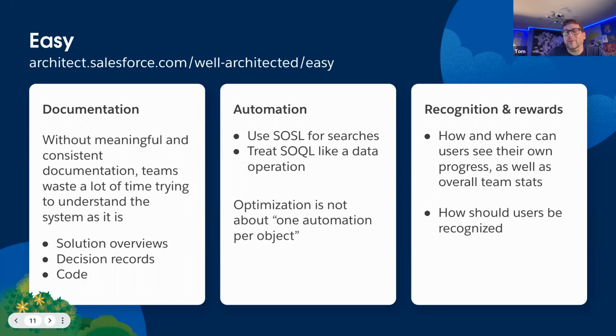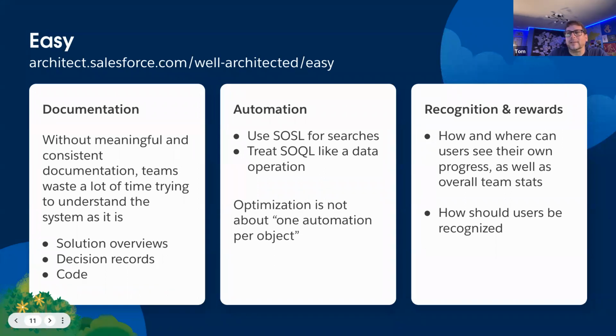Automation, this is another one that's kind of interesting. SOQL is pretty common to use when people write a lot of Apex, and they'll use SOQL to search for data.